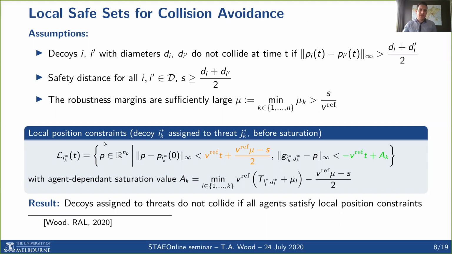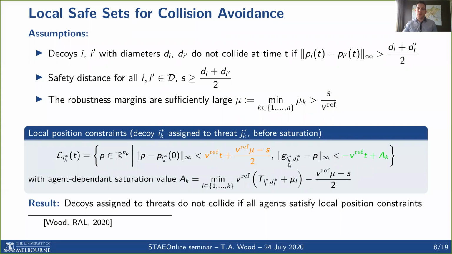We can then construct local constraints for every decoy that is composed of two components. So we say that a decoy is bound by the range from its initial position by some bound that is increasing over time, and it is bound with the range from its destination.